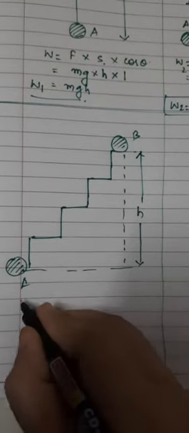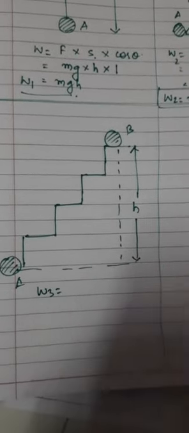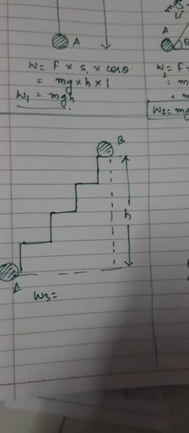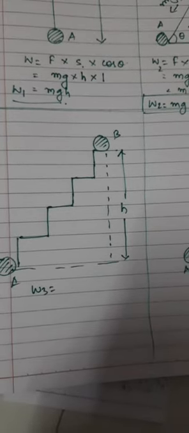Now it is the turn of the third work done, that is W3. You can see that there are two types of displacement in this case. One work done will be in the horizontal direction, and one will be in the vertical direction.